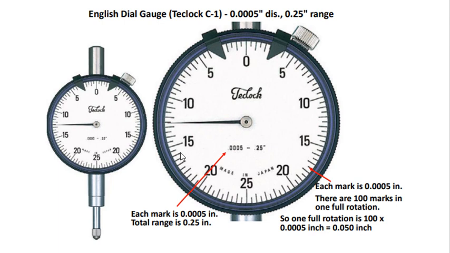So your full rotation is a 0.050 inch revolution. But this dial gauge has the capability to go all the way to 0.25, so that's 5 revolutions. Yeah, it can go.